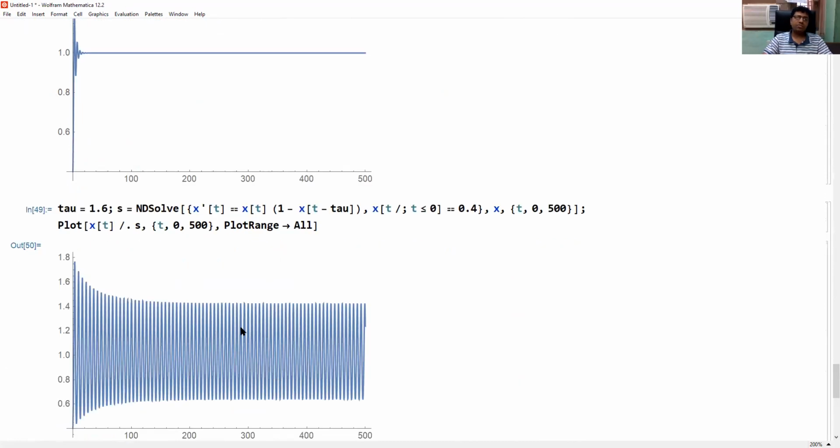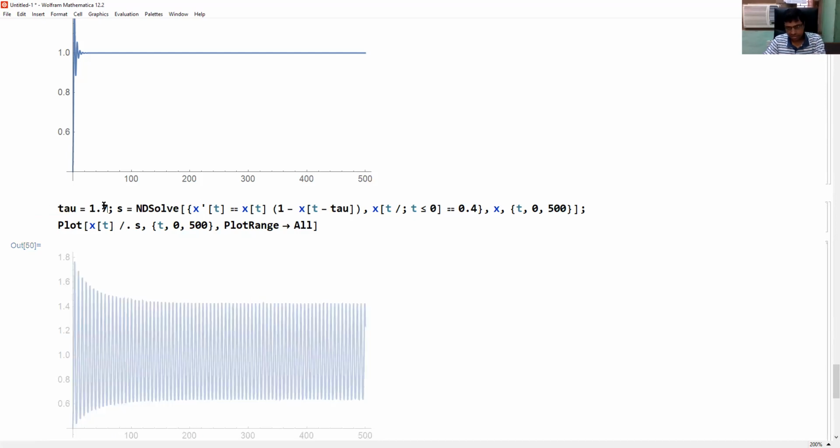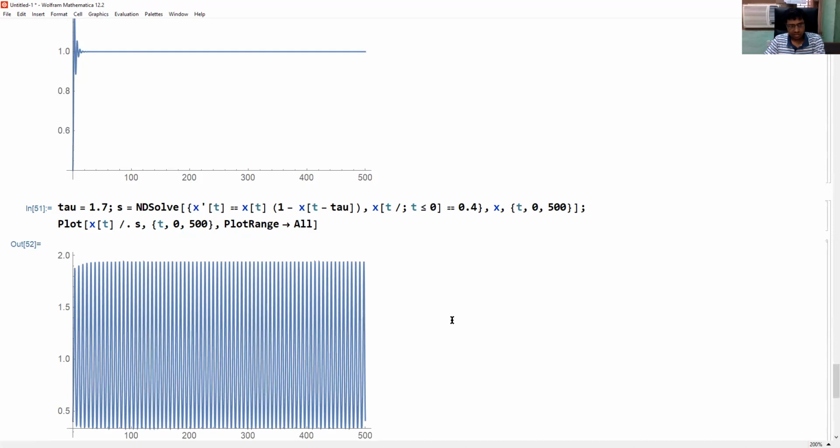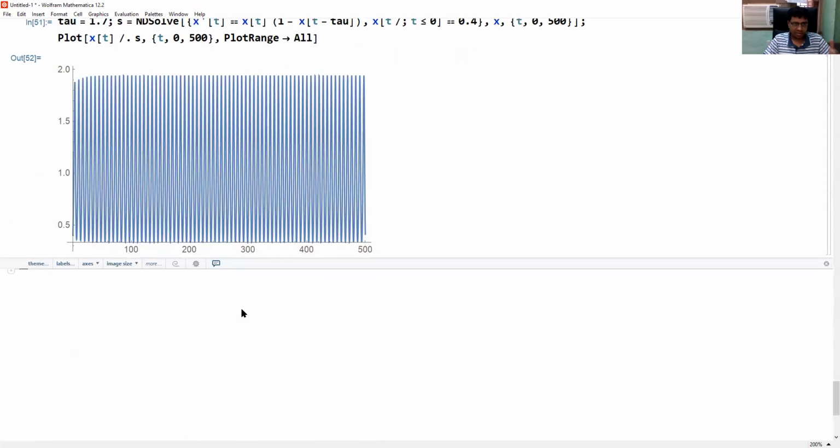This is very close to the critical value, so these oscillations look like neither converging nor diverging. For the long term it will diverge. So let us take quite a bigger value, say 1.7. Again, similar thing.